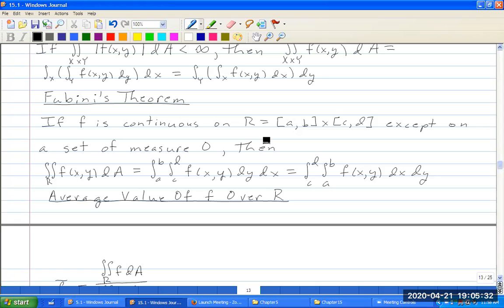It's like if I had a function that looked like this, then the area under this curve is still this, even though I've got one hole here. So the fact that it has a hole, maybe it's defined up here as some weird value, it doesn't really matter.